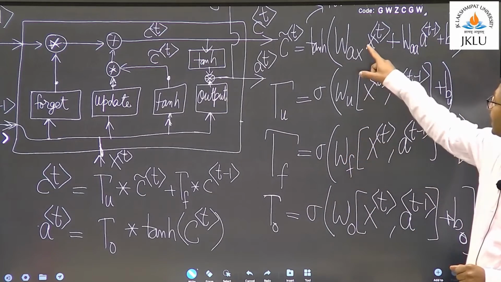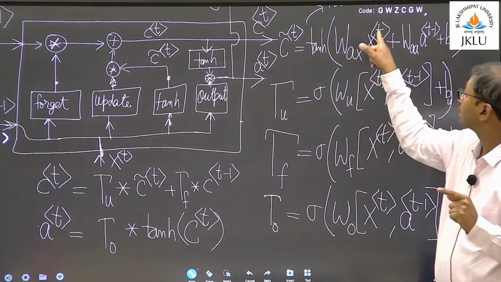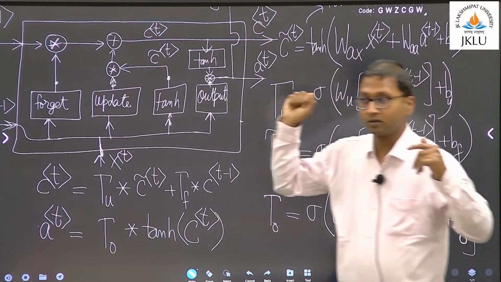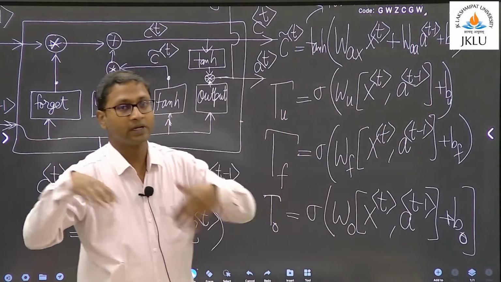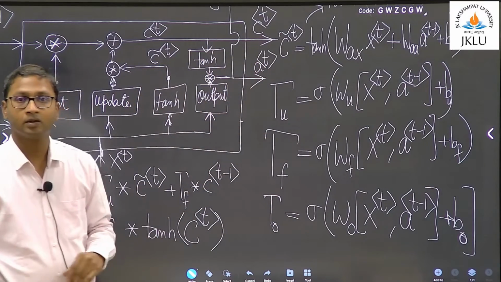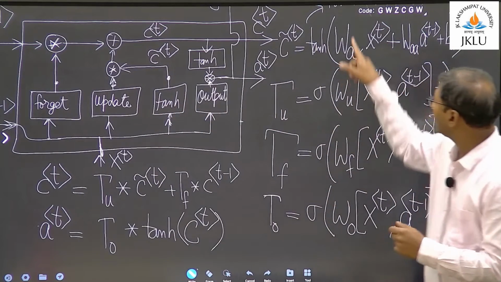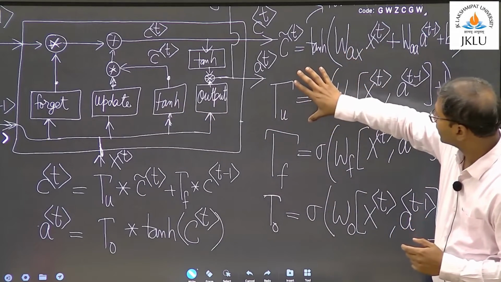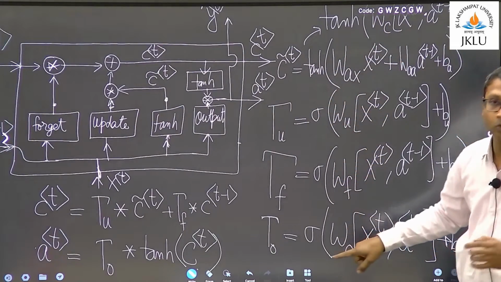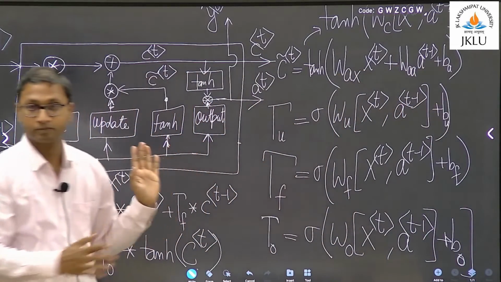It will have elements like this. So WFX times XT plus, let's call it WFA times AT minus 1. So all these, WC, WU, WF, WO, they are all 400 cross 100 in our settings. Okay?